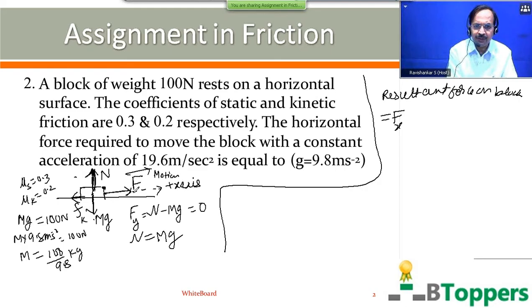It acts along the positive direction of the x-axis. Fk represents the magnitude of kinetic friction on the block, which acts in the negative direction of the x-axis. So the x component of the resultant force on the block is equal to F minus Fk. According to Newton's second law, the resultant force on the block will be equal to the product of its mass and acceleration.